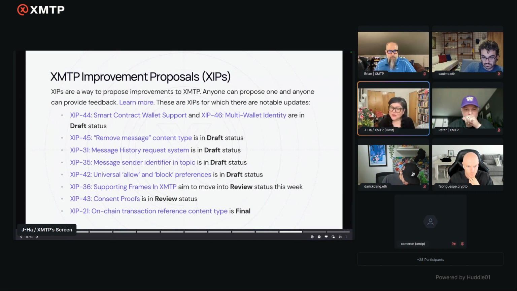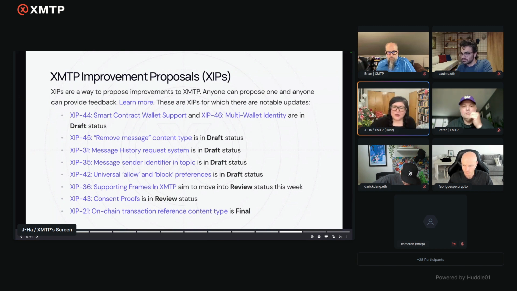Anyone can propose one, and anyone can provide feedback. And these are XIPs for which we have some notable updates. In particular, I wanted to call out that XIP 21, on-chain transaction reference content type, has moved into final status. So that's actually the most exciting one here.